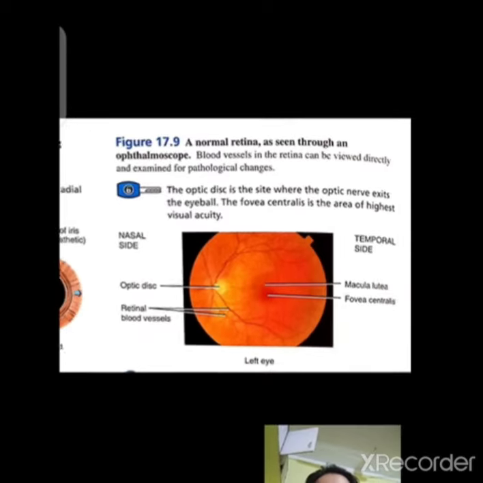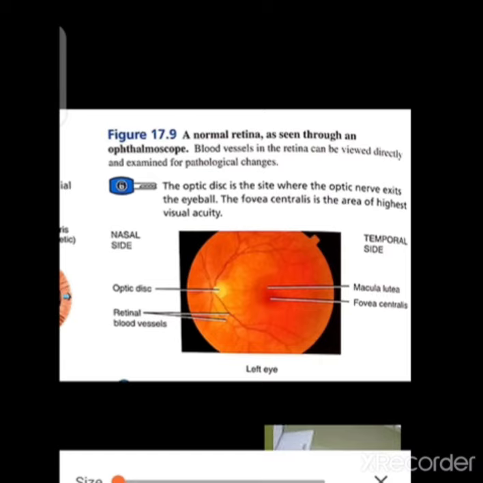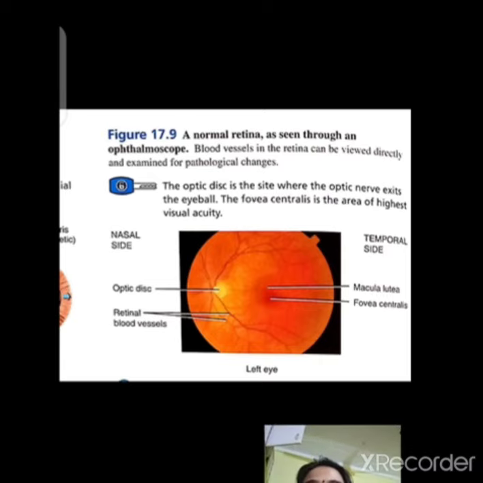These are the various blood vessels you can see. First, understand this is the nasal side, the anterior part, and this is your temporal side.